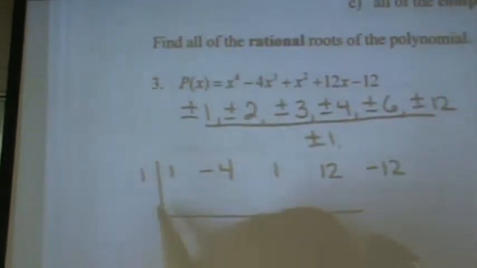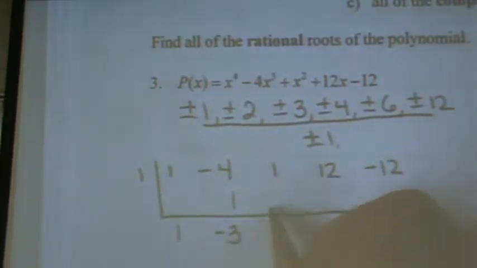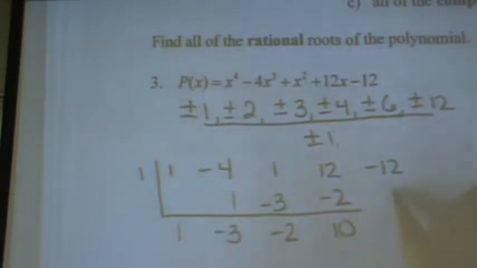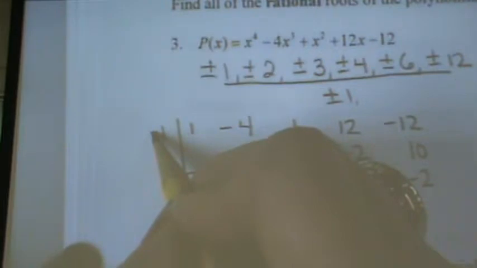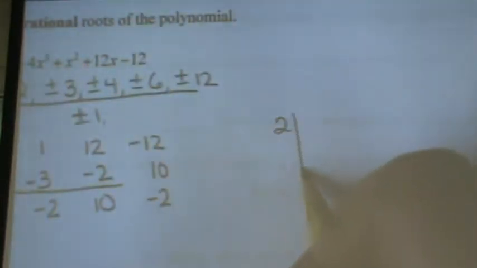So bring down the 1. You get 1, -3, -3, -2, -2, 10. This does not work because I didn't get a 0 remainder. Now what about if I try 2? If instead of a 1, now I'm going to go to 2.